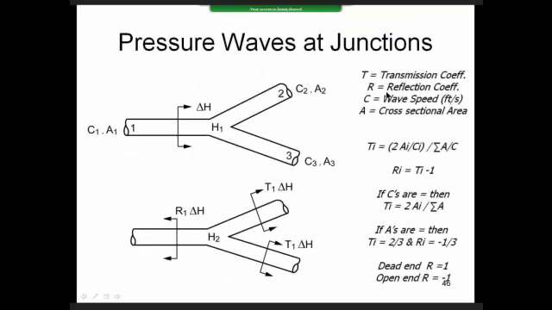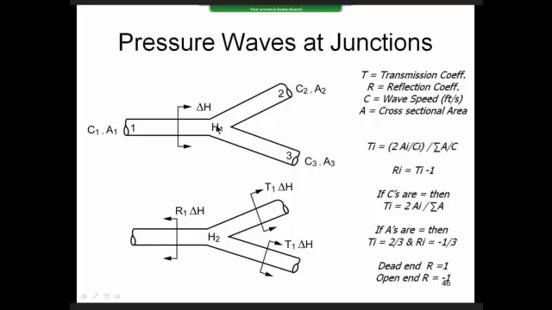Now let me expand, since pressure waves at junctions has a special place for me because I worked on it on my PhD. If you have a pressure wave approaching a junction, the transmission coefficient, when you multiply the wave by it, will tell you how much transmits down each leg.